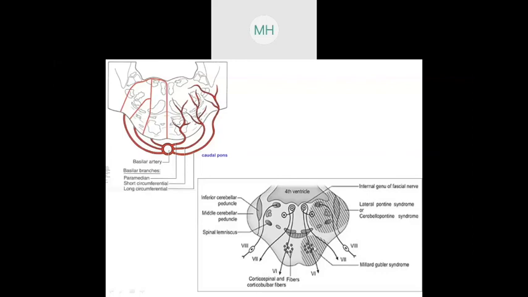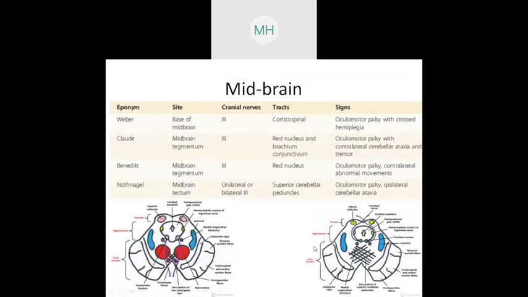And it involves the abducens nerve because it is close together with the facial nerve. So if you have one lesion of a cranial nerve, you need to check the other cranial nerves also, because usually they are close together. In examinations, these are popular cases, the eponyms of CNS lesions.